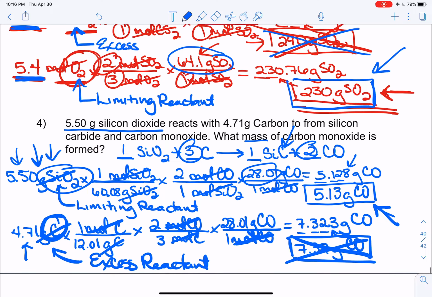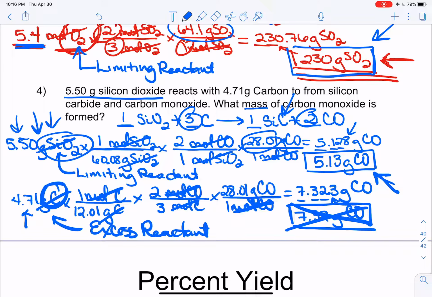Now in number 4, our theoretical yield is 5.13 grams. So in theory, we can make that much. We can totally make less, but 100% yield is going to be 5.13 grams. So the limiting reactant is going to dictate your theoretical yield.